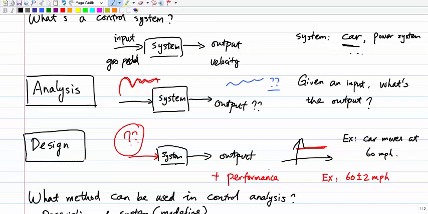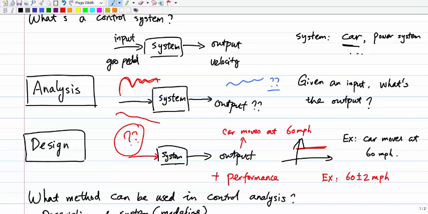For example, I want my car to move at 60 miles per hour. This is my goal, so I want this as my output. The control design problem asks how I design a control input. What kind of input should I give to drive my car at 60 miles per hour? This is called the control design problem.